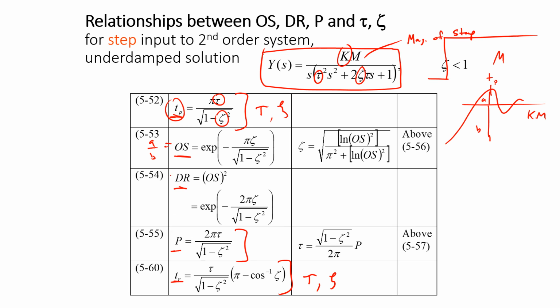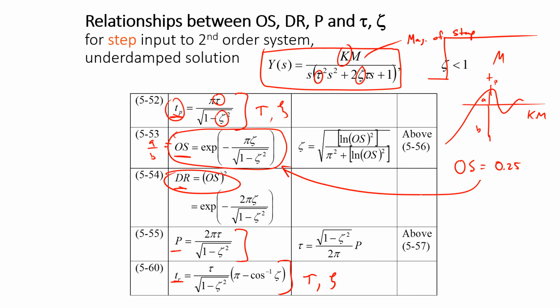But look at the decay ratio, and then also the overshoot ratio. They only depend on zeta. And so that's really nice, because if you can pick out the overshoot, let's say the overshoot is maybe 0.25 there, then we can use either of these two equations right here to get zeta by itself and solve for zeta.